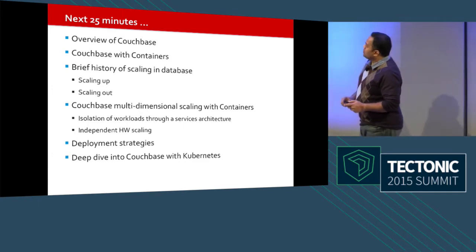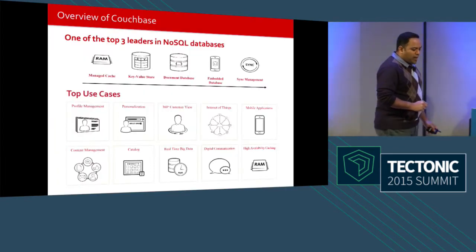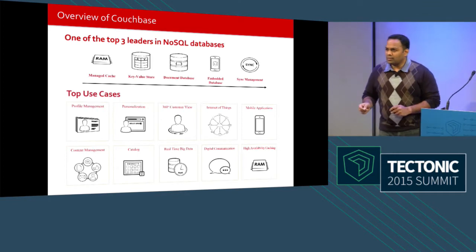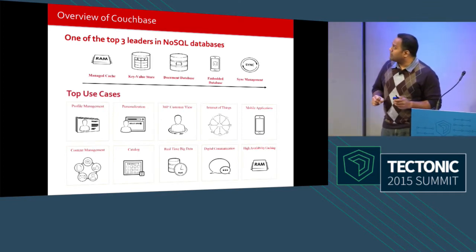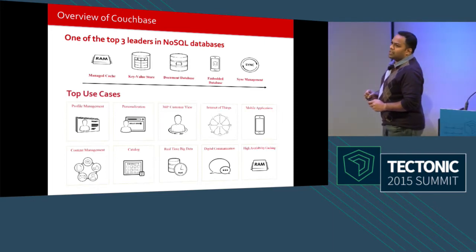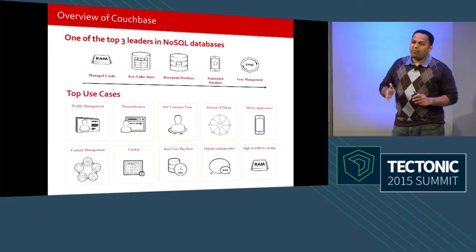Couchbase is one of the top 3 leaders in NoSQL databases. You might know the other 2 databases, which are Cassandra and MongoDB. Couchbase technology can be used in many ways, and customers use it for many reasons.